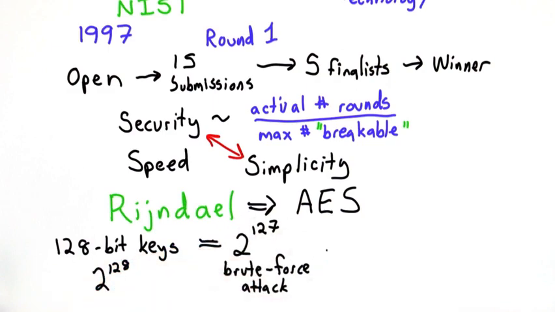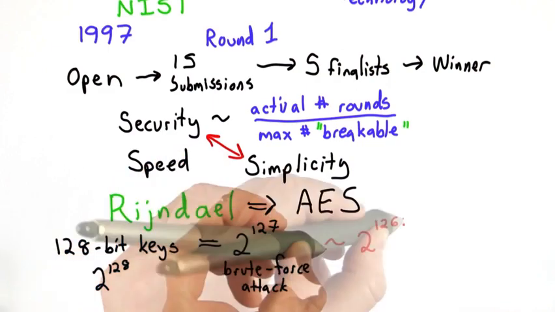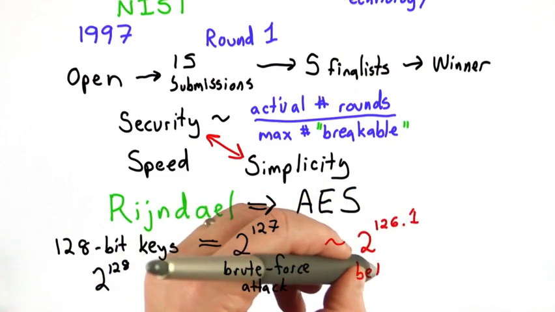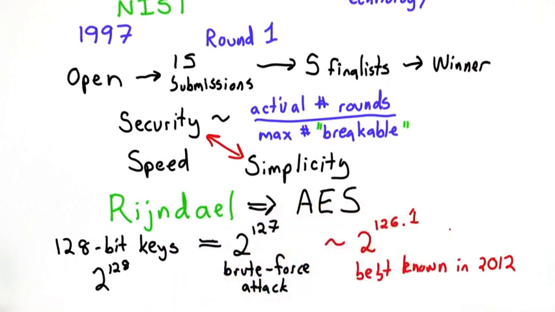So the expected cost of a brute force attack is 2 to the 127. The best known attack removes less than 1 bit of security. So that's the best known today, and 126 bits of security is well beyond what's practical to imagine breaking, even with a huge amount of computing resources.